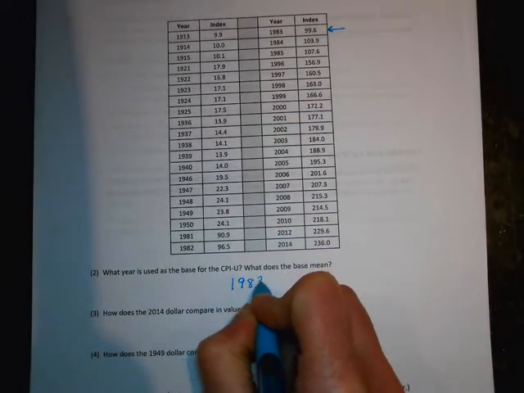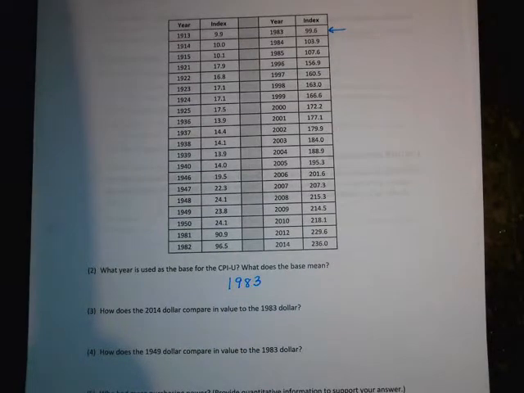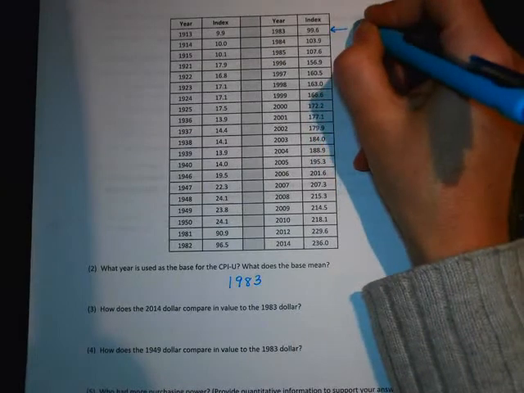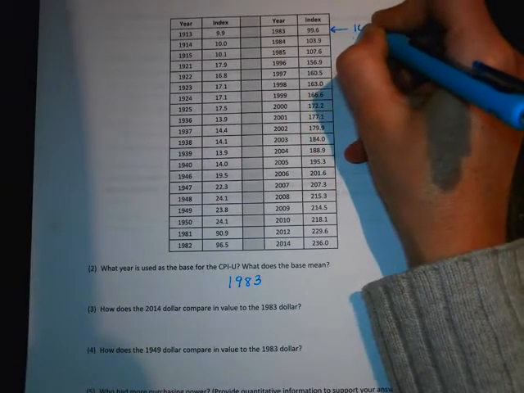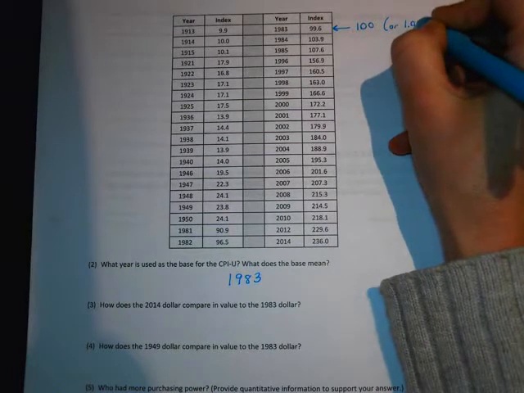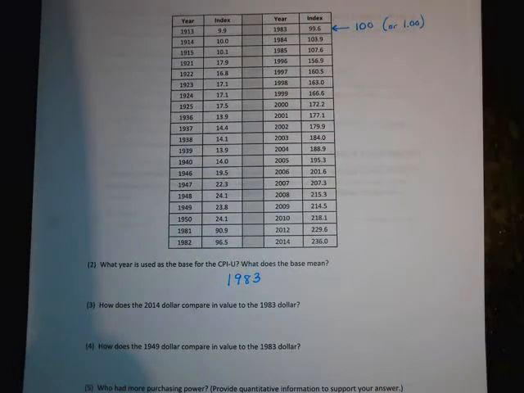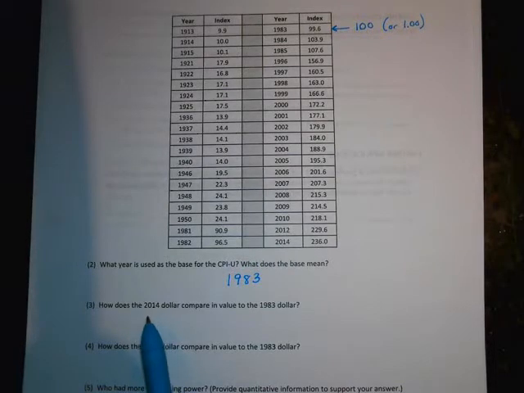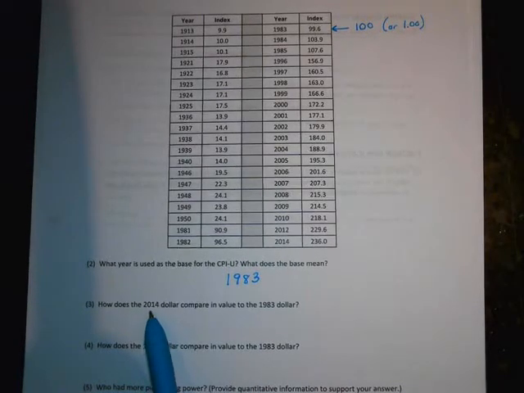So basically, I'm going to call that $1, right? That's really close to 100, or $100, or sometimes you'll hear me just say it's 100 pennies or $1, whatever units you want. So it says, how does the 2014 dollar compare to the 1983 dollar? Okay, well, let's look.